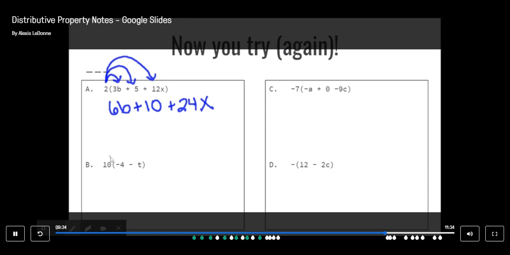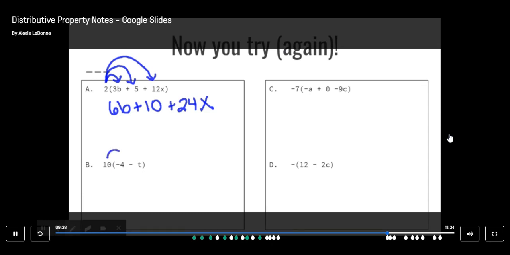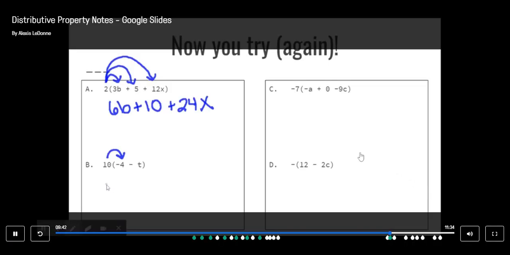For letter B, what would my first step here be? Good, multiply 10 times -4, and what would I get here? -40.